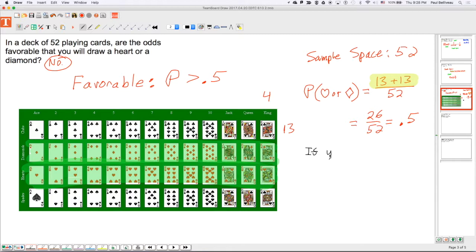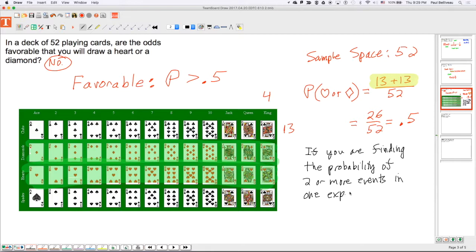If you are finding the probability of 2 or more events in one experiment, what do I mean by that before I even finish the sentence?